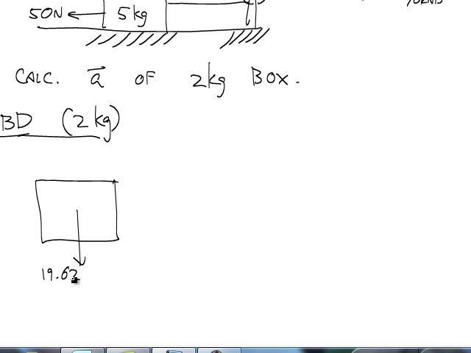Okay, and now we're just going to mentally go around the outline of the body looking for places where other objects are contacting it. So start over here, nothing, nothing, nothing, and then the cable's touching. So the cable's applying a force this way. We'll call that T. And then nothing, nothing, nothing until we get to the bottom and there's contact with the 5 kilogram box.